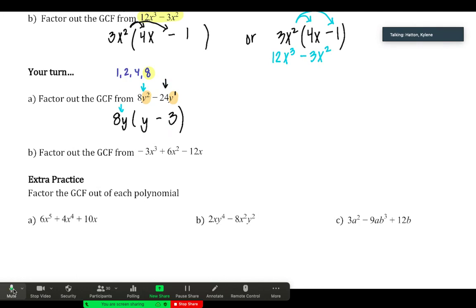They both will always work. And then just remember that you can check it pretty quickly just by distributing back in. So if I distribute back in, 8y times y, that's 8y squared. And then 8y times negative 3, that's negative 24y. And that brings me back to what I originally had, and that means that we did it correctly.